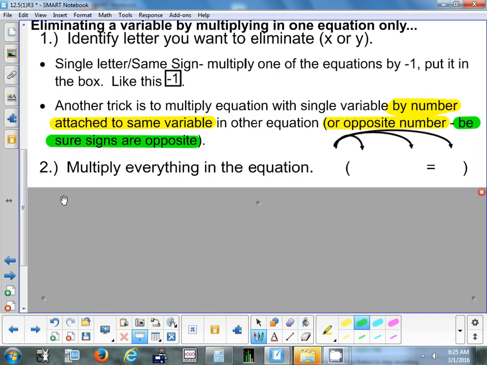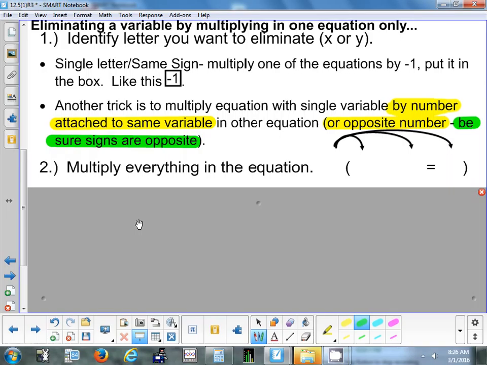We're going to multiply everything in the equation. Usually when we do the distributive property, we only multiply by two things. When we're doing it for an elimination problem, we have to multiply by all three things. A lot of times, kids will forget to multiply by the number after the equal sign.